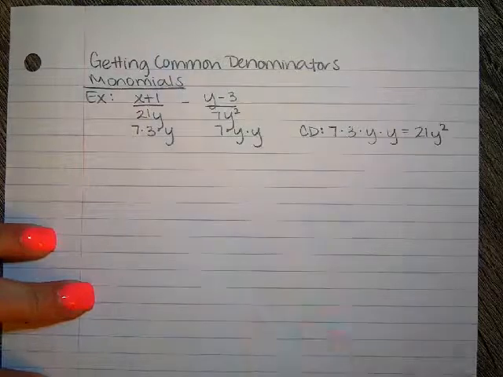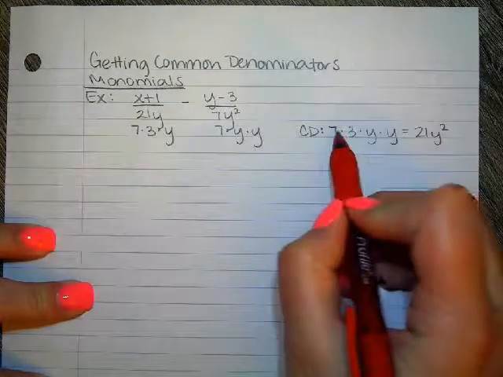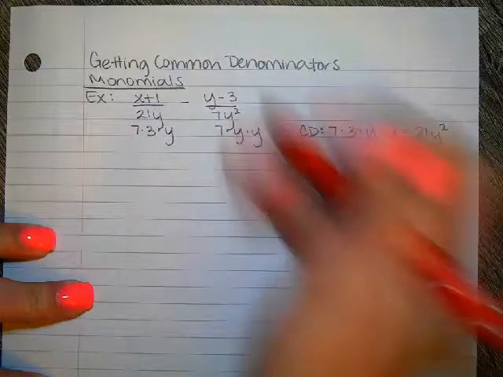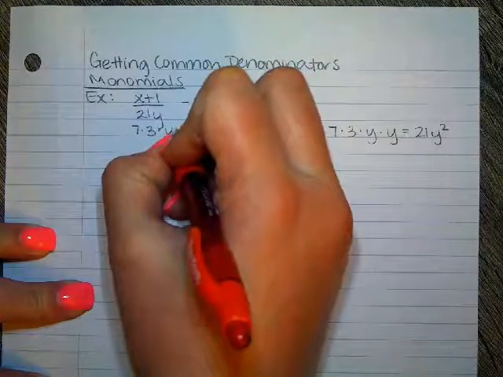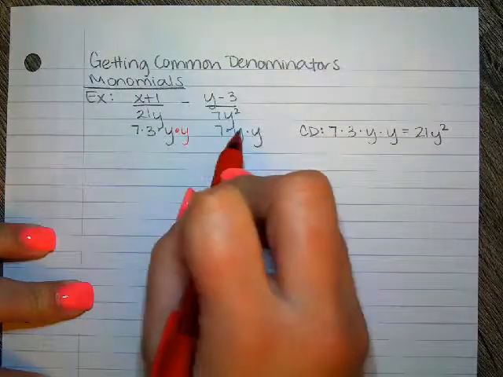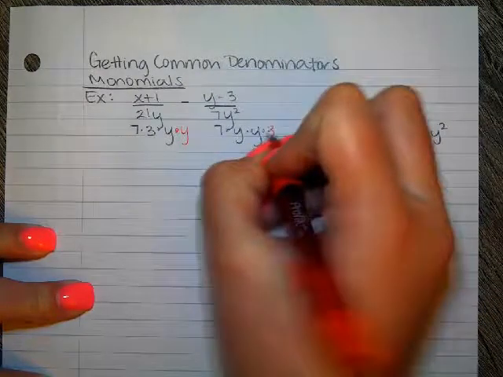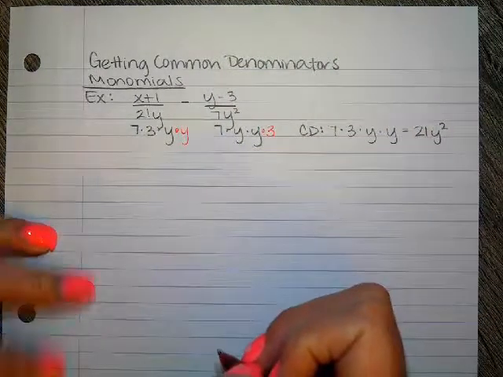So the first fraction has 7, has the 3, has the y. It doesn't have the next y, so that's what it's going to need to have the common denominator. The next one has the 7 and the y y, it does not have the 3. That's what it's going to need to have that common denominator.